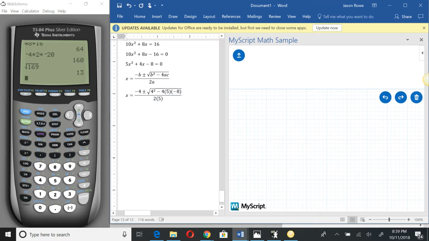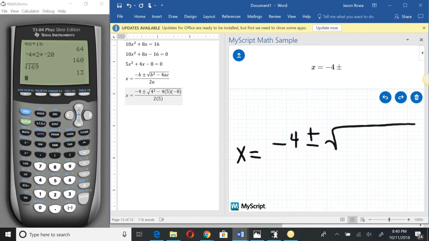So work the radical. So 4 squared is 16. And you notice I'm doing this part in 2 steps. It just makes it a lot easier not to make an error if you do it this way. 4 squared is 16, and then negative 4 times 5 times negative 8.